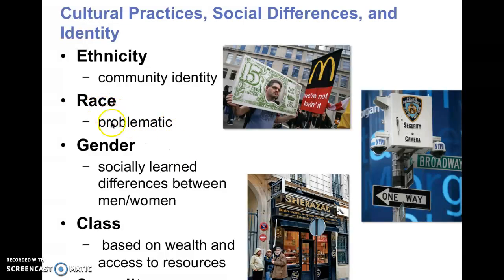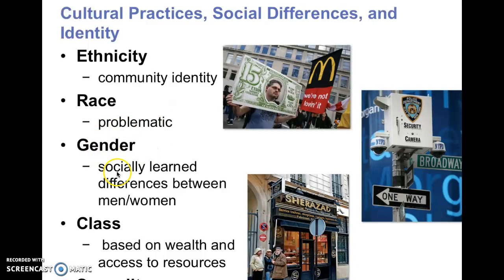Race, very problematic because there's really no clear genetic difference in race. There are some features about people that we use to define race, and that may be skin color, it may be hair type, it may be the color of your eyes, but it's very problematic.